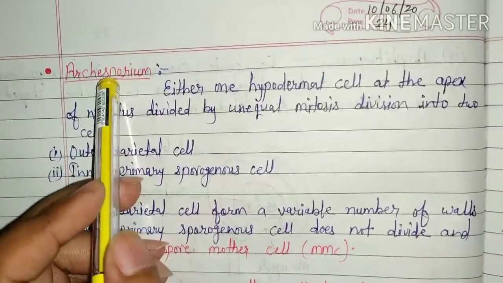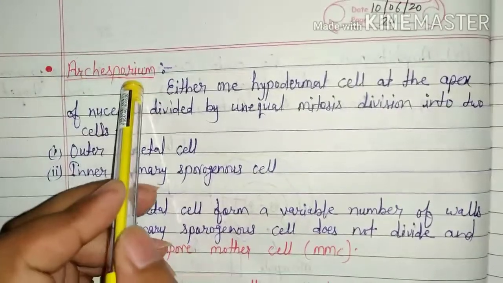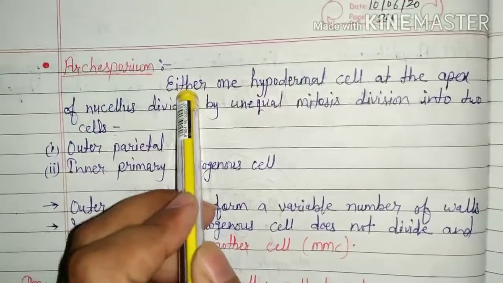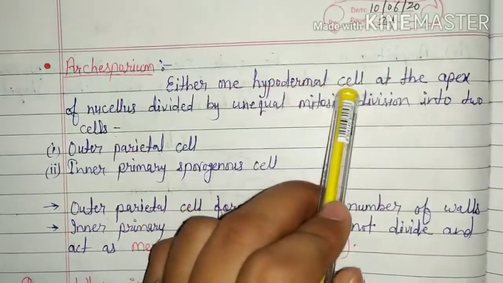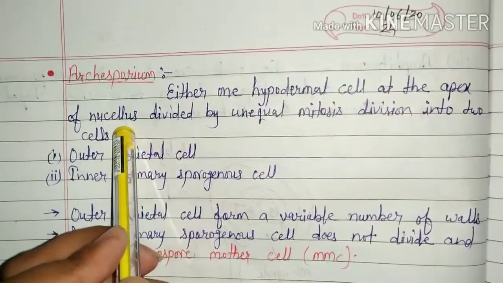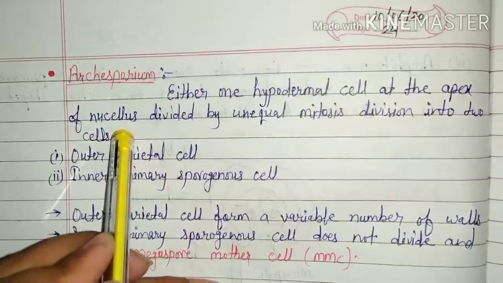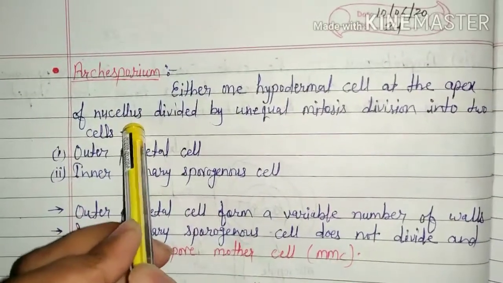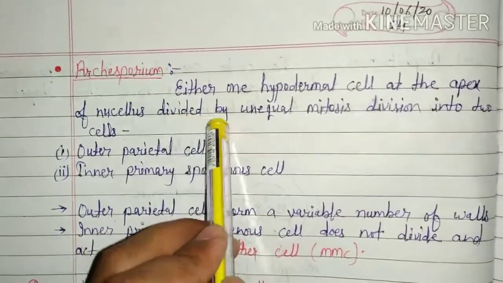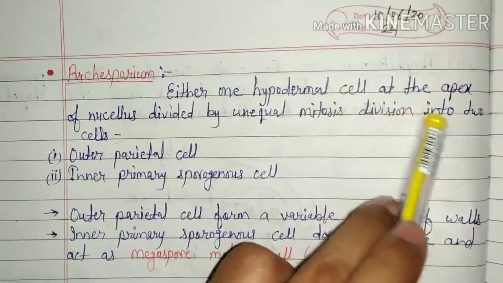Firstly, we will talk about the archesporium. Either one hypodermal cell at the apex region of the nucellus, which is located inside the ovule, divides by unequal mitotic division into two cells.